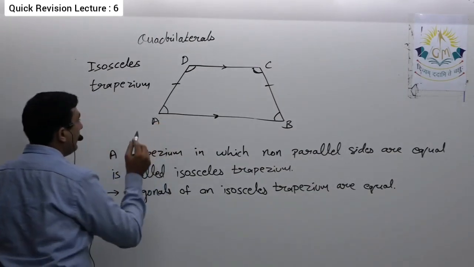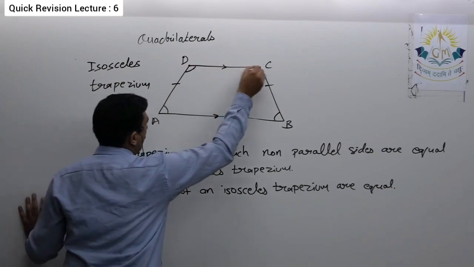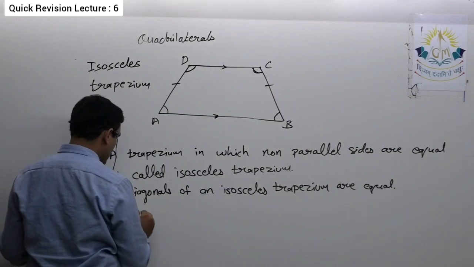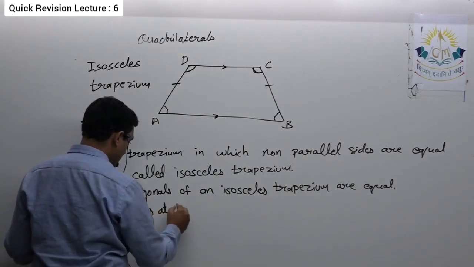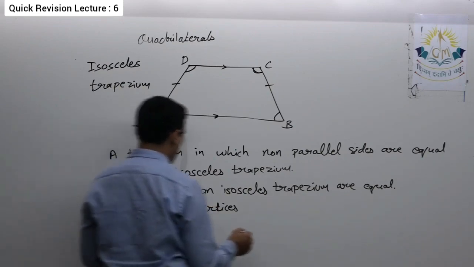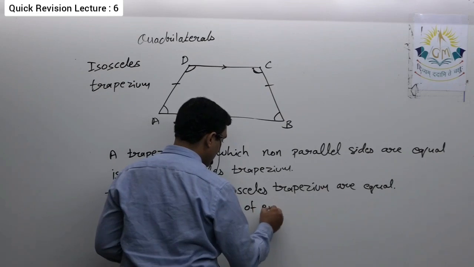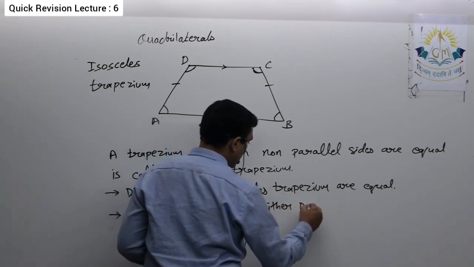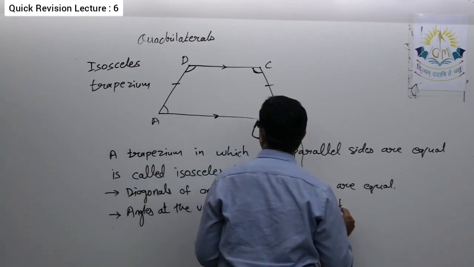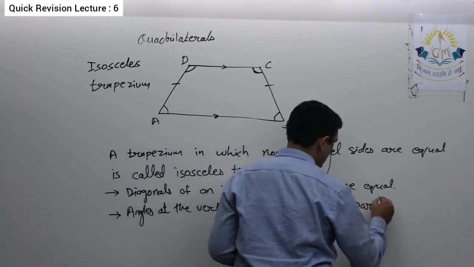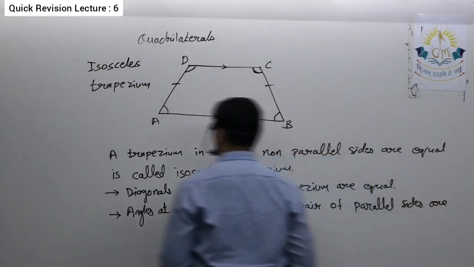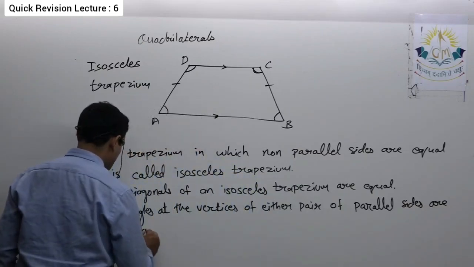Okay, so we'll say angles at the vertices of either pair of parallel sides are equal.